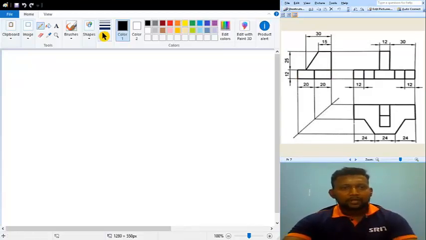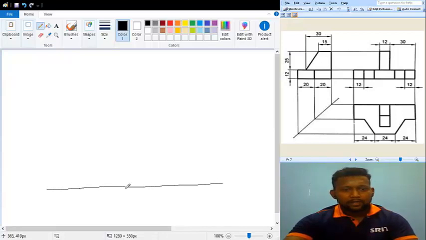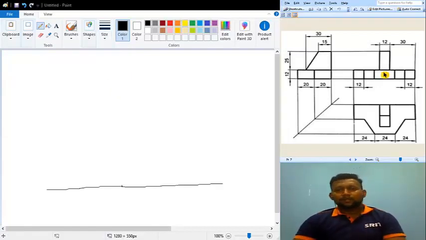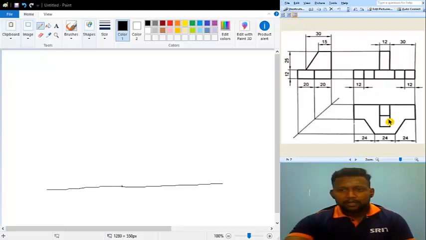So as usual, what I'll try to do here is draw a horizontal line, just a very little horizontal line for reference. Okay. So from there I'll try to mark a point for this one. And after that, by seeing these three figures, what I understand is that this is the front view, this is the top view, and this is the right side view.